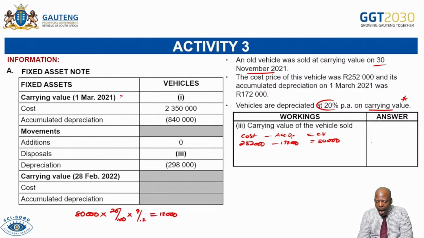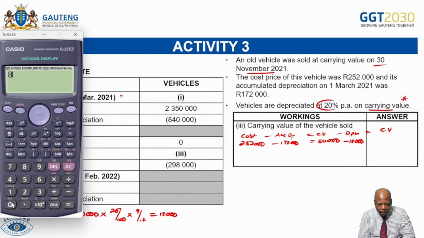That simply means out of this carrying value of 80, I must still subtract my depreciation for this year, 12,000. That is going to give me now the carrying value on the date of disposal. So it's going to be 80,000, which is carrying value at the beginning, minus the 12,000 depreciation for the year.